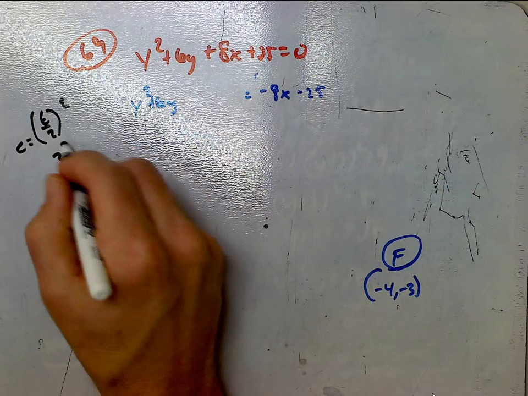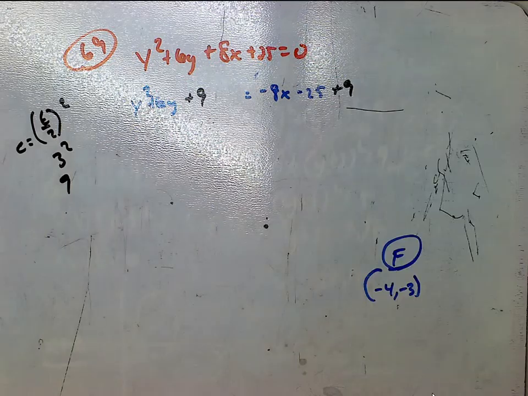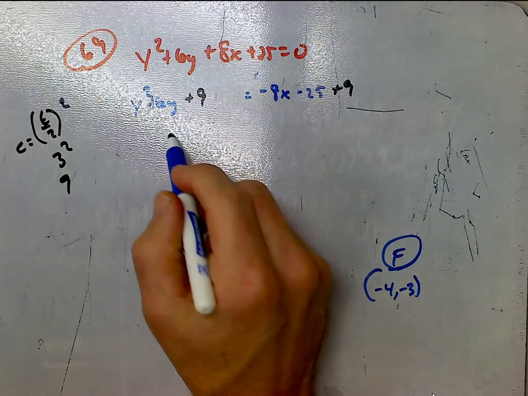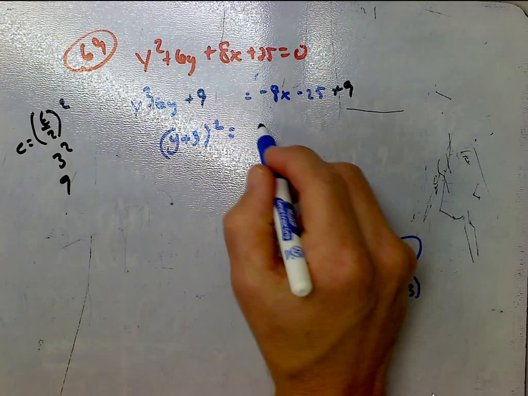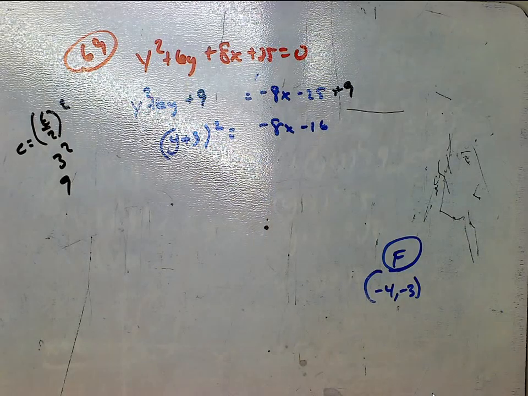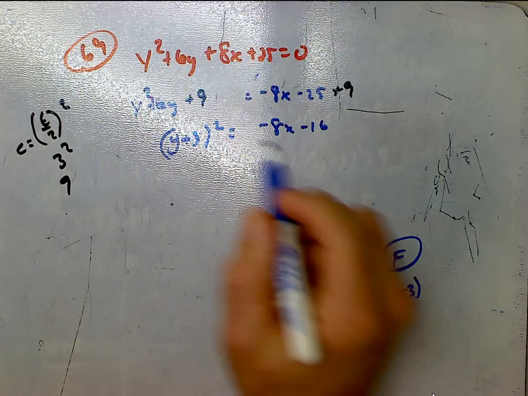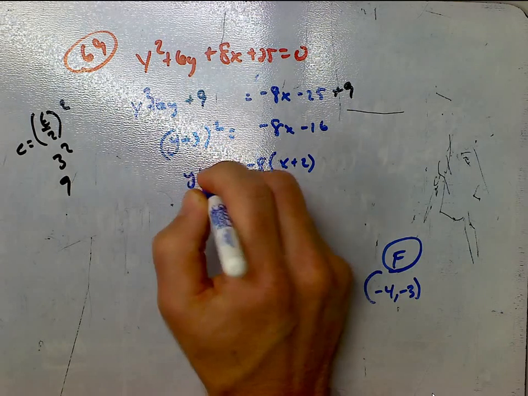So I'm going to add 9 to both sides of the equation. Come up with y plus 3 quantity squared equals -8x minus 16. Factor out the -8 to get x plus 2, and then y plus 3 quantity squared equals that.